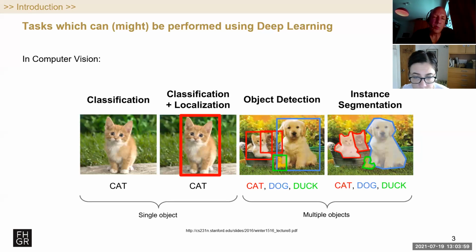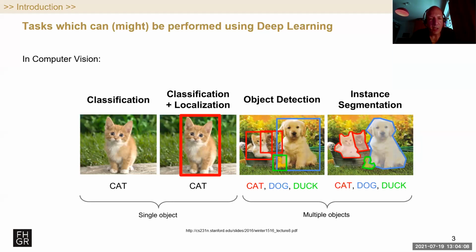Then later on, we're interested in where the objects are within the images. So we will have a particular region of interest, and we will localize what is being presented to the camera. We would typically have multiple objects in an image, and of course, we want to detect all of these objects.